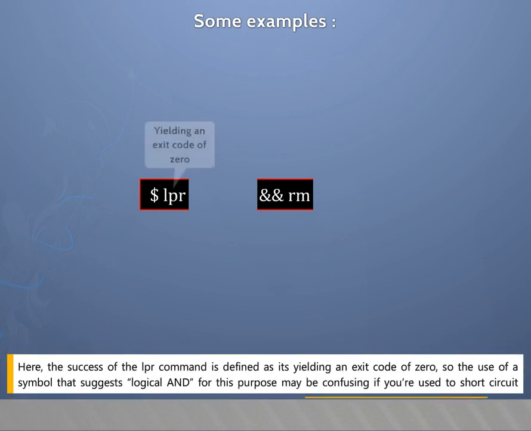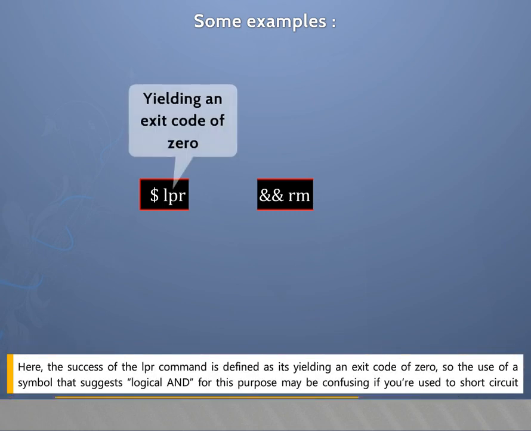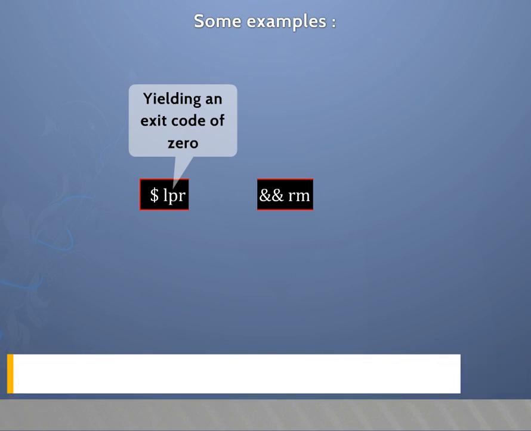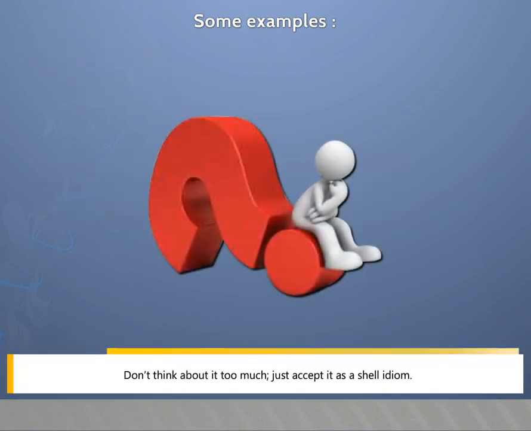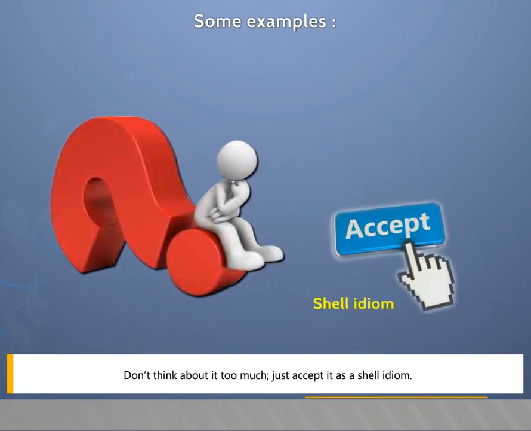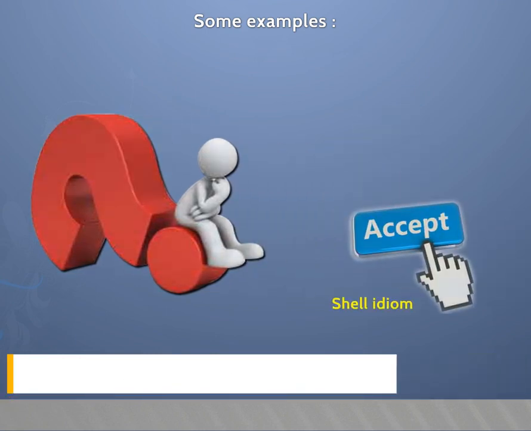Here, the success of the lpr command is defined as its yielding an exit code of 0, so the use of a symbol that suggests logical AND for this purpose may be confusing if you are used to short-circuit evaluation in other programming languages. Don't think about it too much, just accept it as a shell idiom.